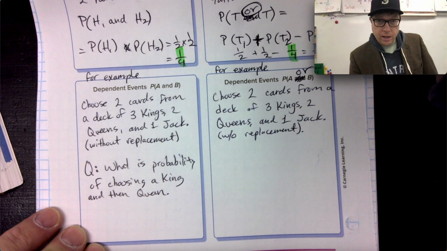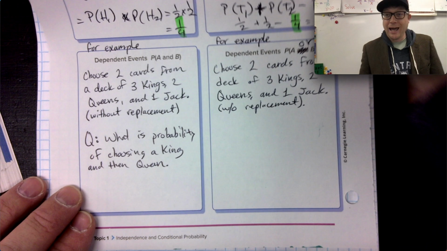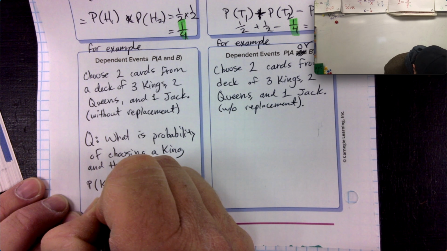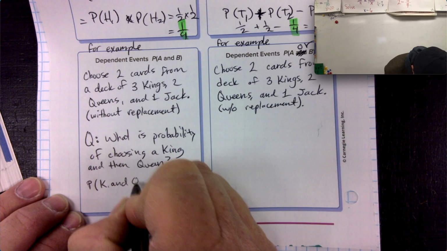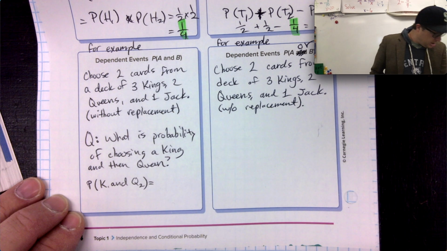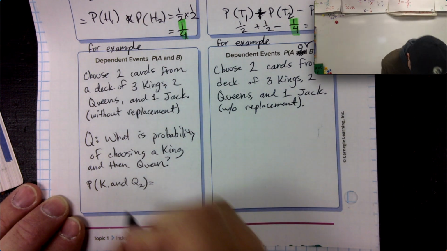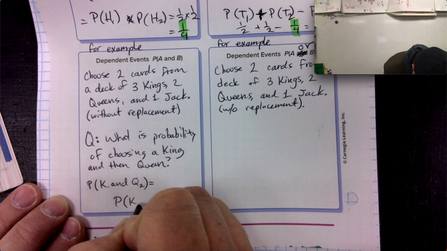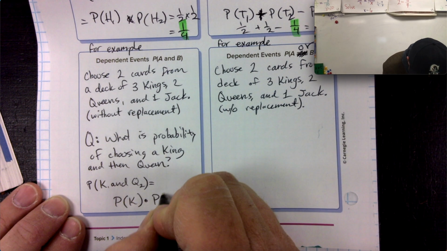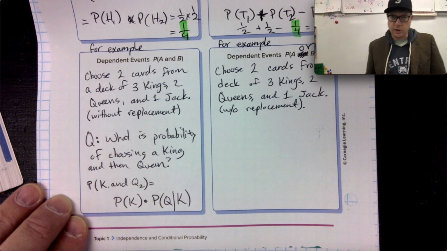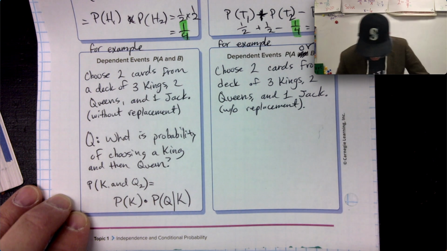And is the key thing, right? So we're still talking about king and then queen. So probability of king and queen. Well, our formula for that is probability of king times the probability of a queen given that a king was chosen first. So here's how this would look.